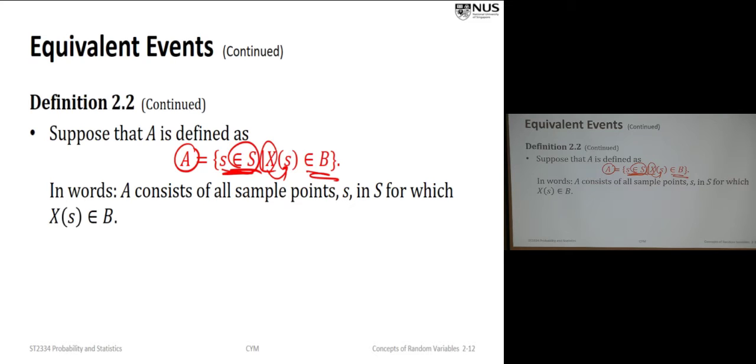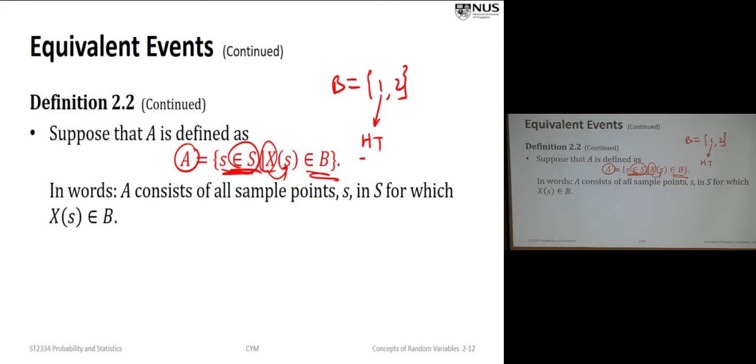So for example, in tossing two coins, if my B is just 2, then I look at all those 4 outcomes in tossing two coins which lead to this 2. There is only 1, that is HH. Then A will be HH. In other words, if B is 1, 2, for example, then I can find S in the sample space.